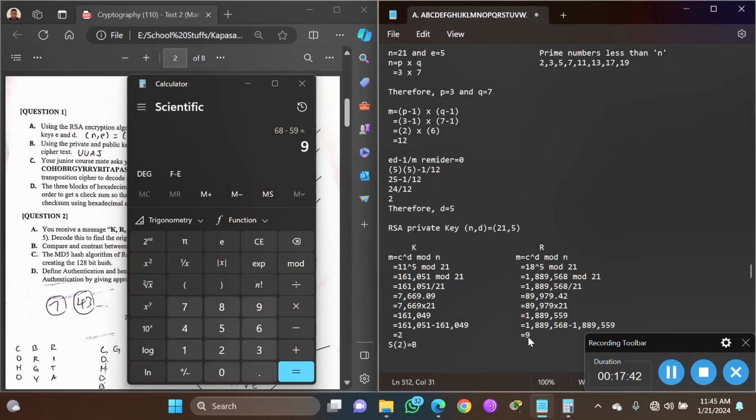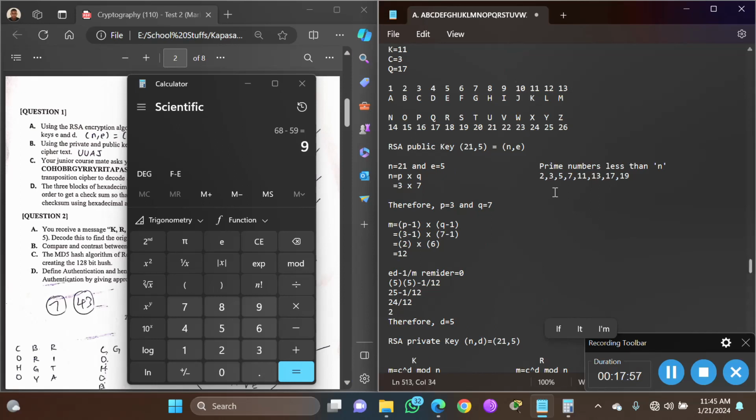So 9 is within the range of the alphabet, which is up to 26. So the substitution of 9 should give us I, because I is number 9 on the alphabet.